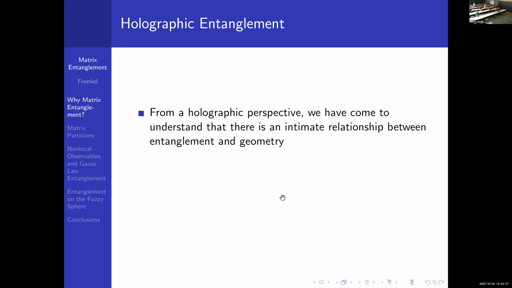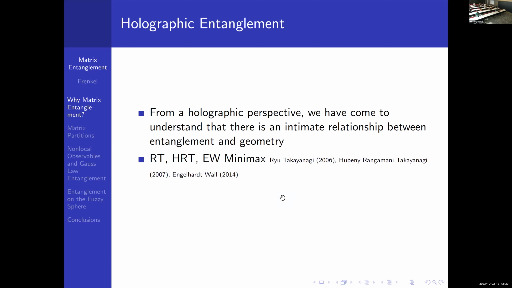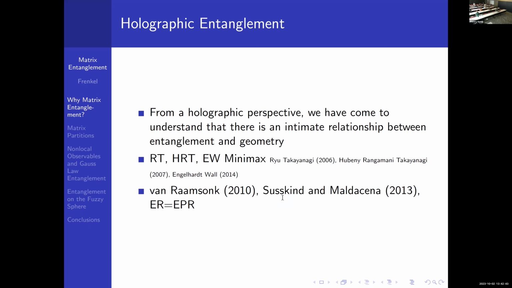Let me also go into the other side of the motivation. From a holographic perspective, we have come to understand that there is an intimate relationship between entanglement and geometry. So the Ryu-Takayanagi formula, then work by Hubeny, Rangamani and Takayanagi, and Wall, and some conjectures by Van Raamsdonk, Susskind and Maldacena, that we should somehow think of the entanglement structure of the boundary CFT as building up the bulk geometry.